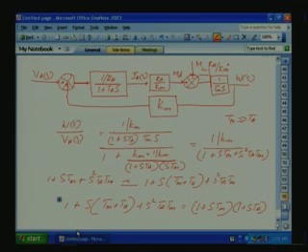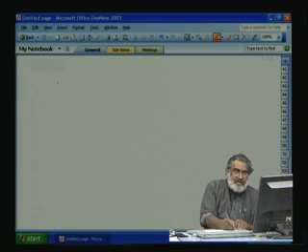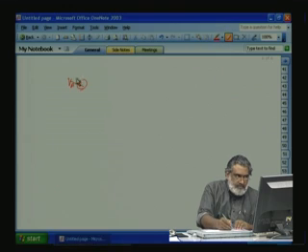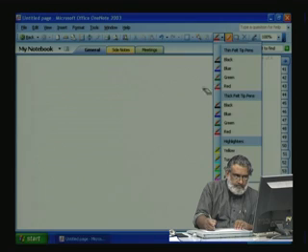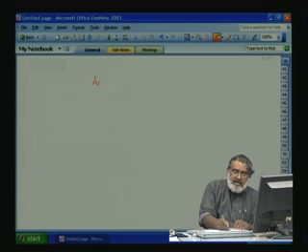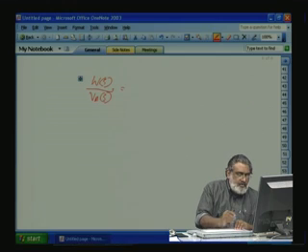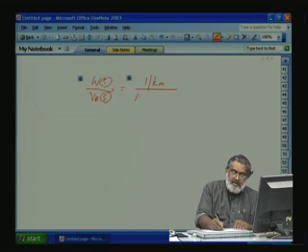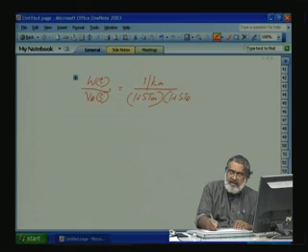So, omega s by Vs will be, final transfer function will be, let us go to the next page, final transfer function, omega s divided by Vas is equal to 1 by Km divided by 1 plus Stm into 1 plus Sta.